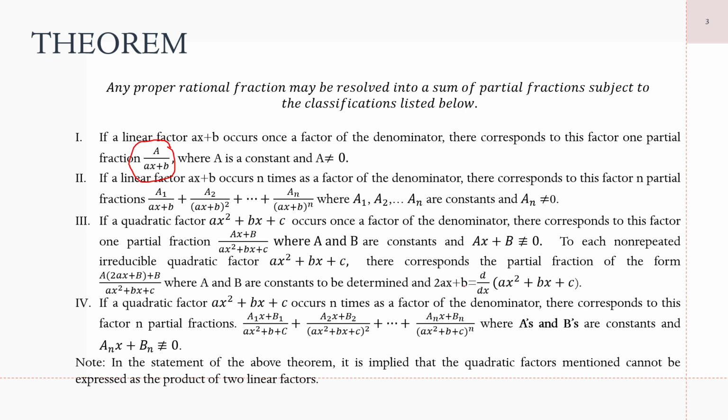This 2ax plus b is derived from the first derivative of ax squared plus bx plus c.